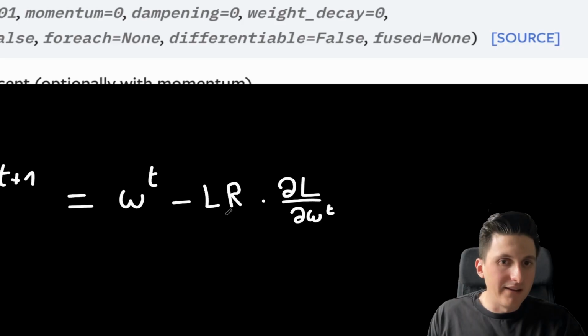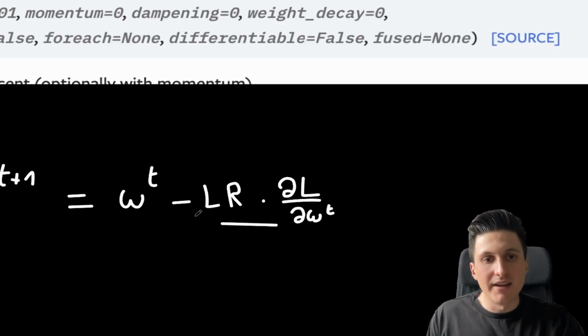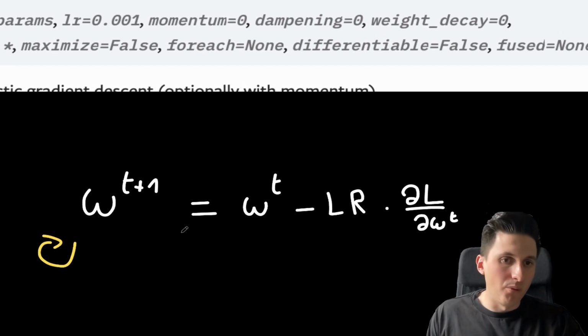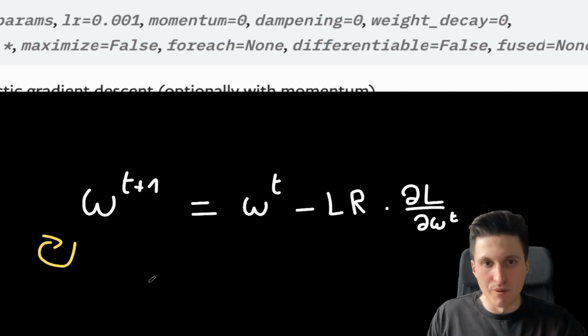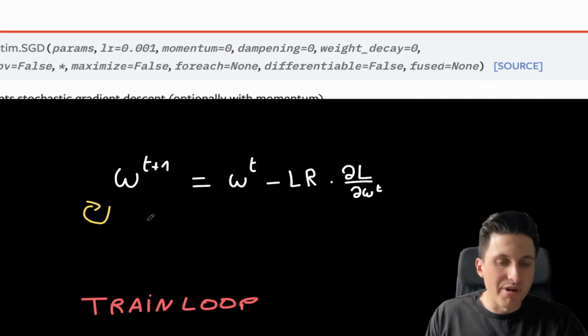So we multiply the learning rate with the gradient and subtract that from the weight, and then we get a new weight and we repeat this process, and that is how we optimize. So this is very simple.